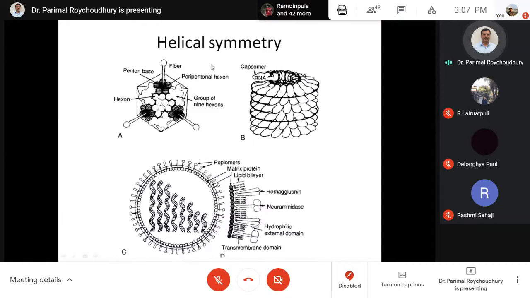In the case of the enveloped viruses, there is an additional envelope layer, and just below the envelope layer we get a matrix protein layer that gives additional rigidity to the virus. Remember, this envelope is similar to the membrane from where the virus comes out.